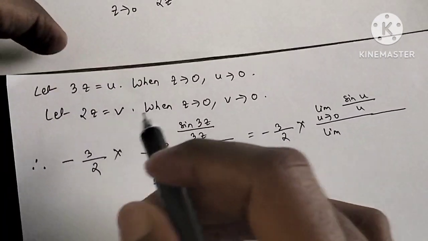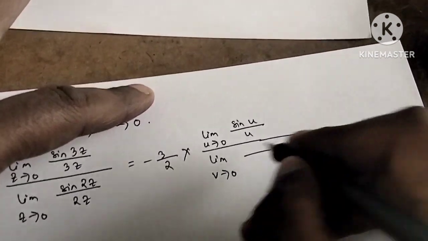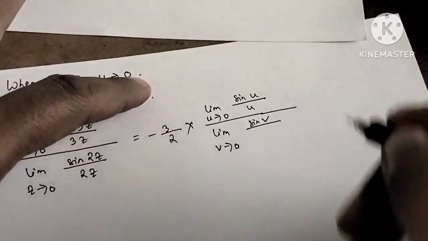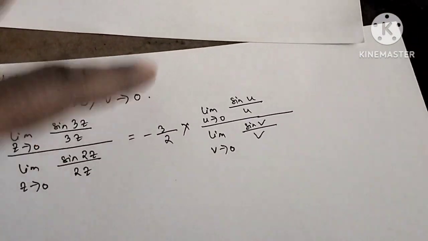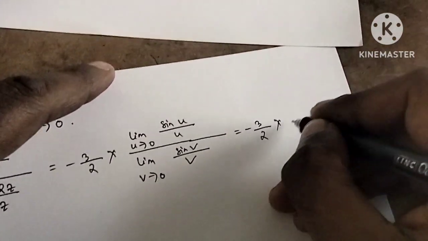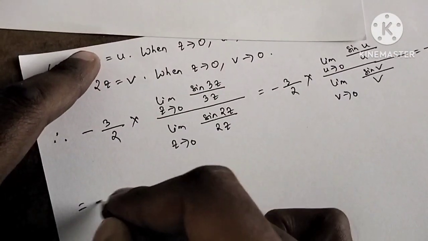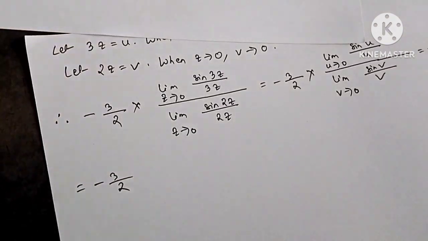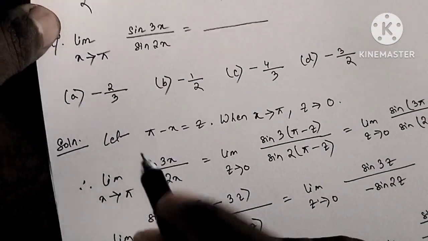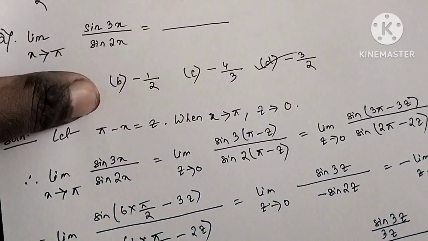Then here limit v tends to 0, 2z is equal to v, so sin v by v. So this can be written as minus 3 by 2 into 1 by 1. So the answer will finally be minus 3 by 2. Clear? So which option is correct? Certainly option number D. Clear?